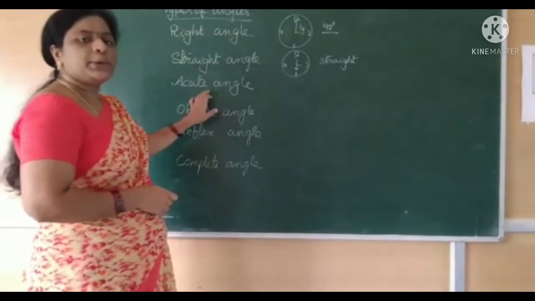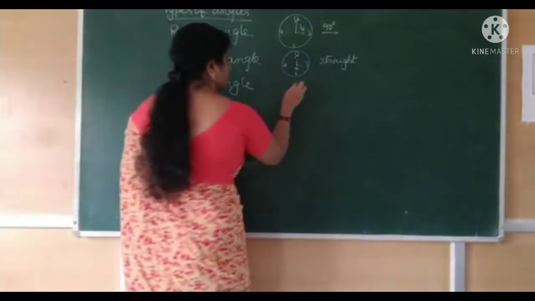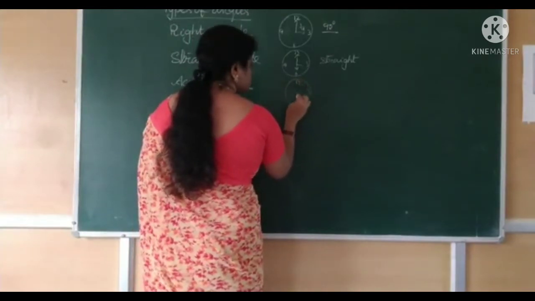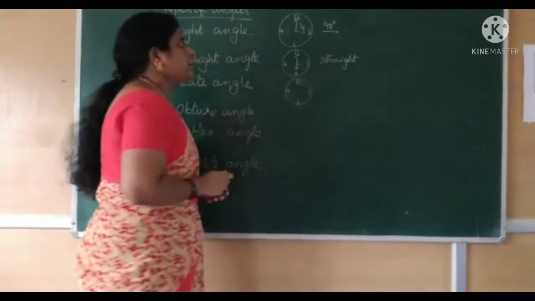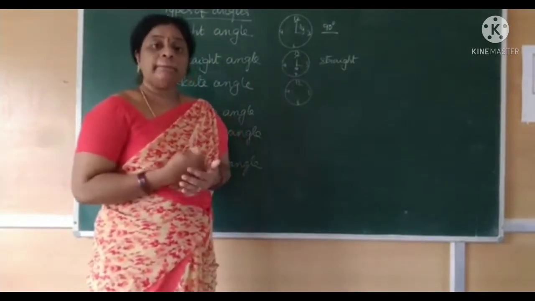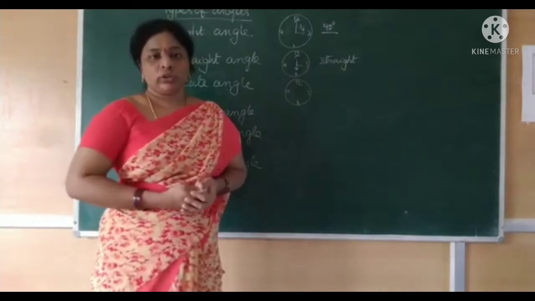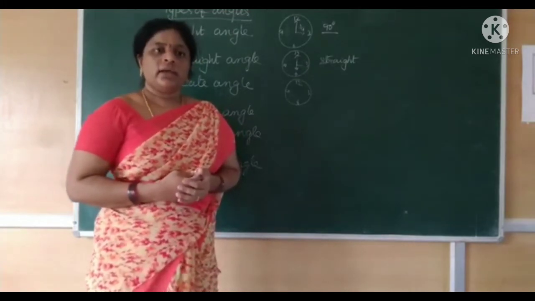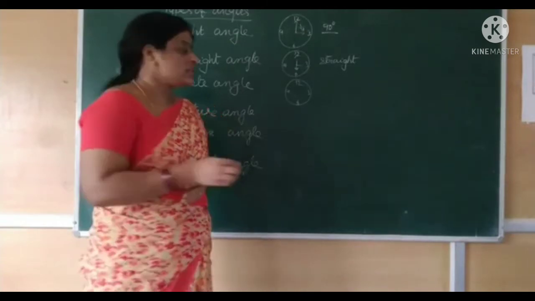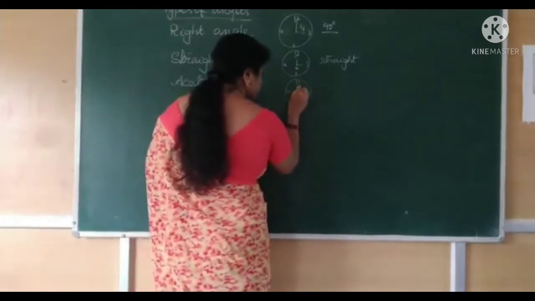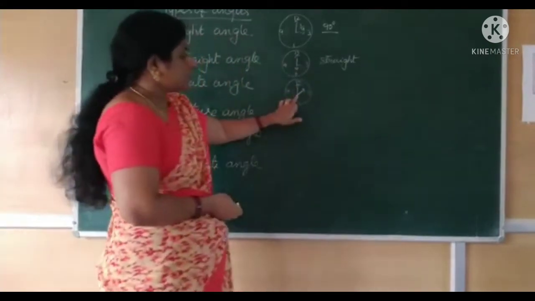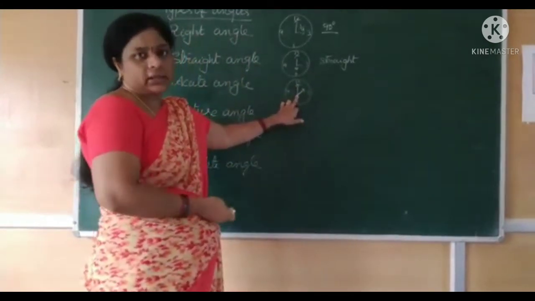Now acute angle. Hour hand makes less than 1/4 revolution, or the hour hand moves less than 3 hours. Looks like this. So this is nothing but acute angle, means less than right angle.